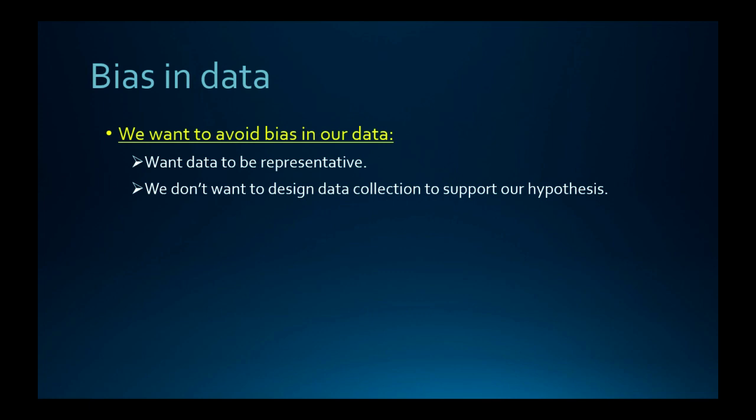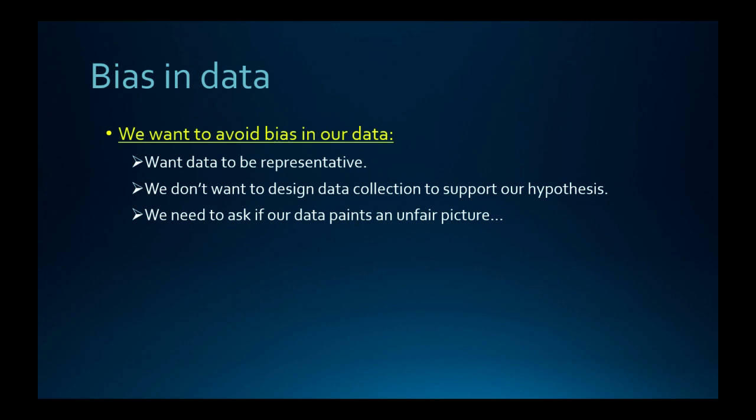Maybe I have a hypothesis and hey, I'm clever enough to be able to find a way to make sure my data supports our hypothesis, but that would not be good scientific method, right? That would not be good data collection, design, and methodology. So we want to make sure that when we think about our data collection, that we're not skewing it to try to support our hypothesis.